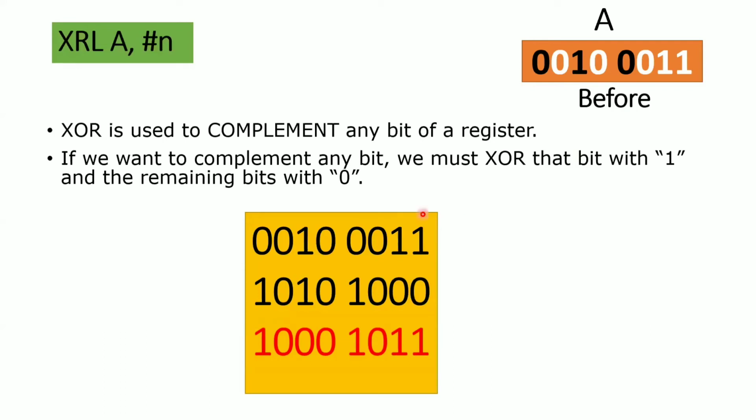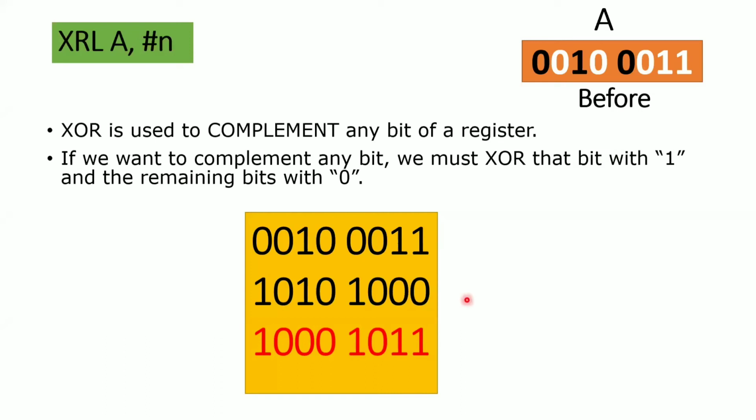Now whenever you want to complement any bit, you need to put that particular bit to 1 and the remaining bits to 0. See here, 0 0 1 0 0 0 1 1, this is your A register. I want to complement particular bits, so in those positions I put 1, here 1, here 1, here 1, because these are the 3 positions I want to complement.